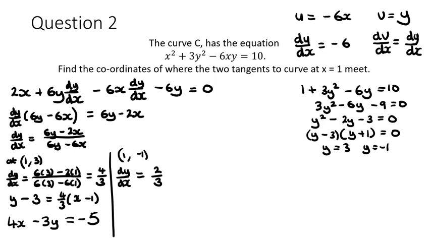Then I'm going to plug that into y minus y1 equals m times x minus x1, just subbing in x1 as 1, y1 as minus 1. You can use y equals mx plus c if you prefer. Then we rearrange that, and we get 2x minus 3y equals positive 5.